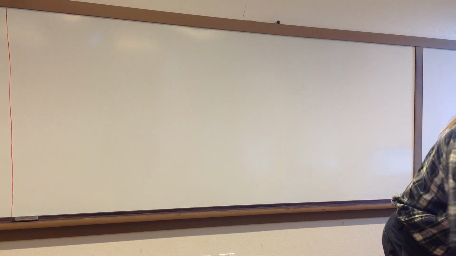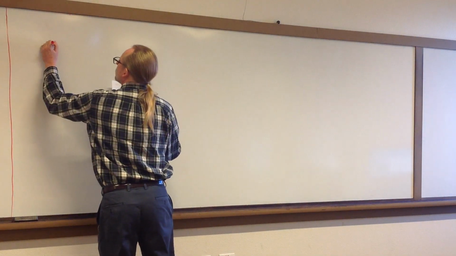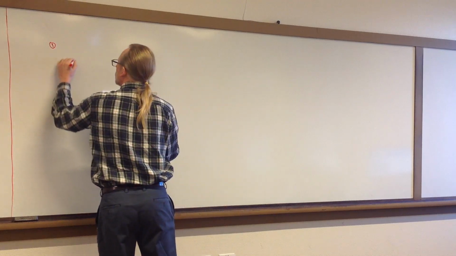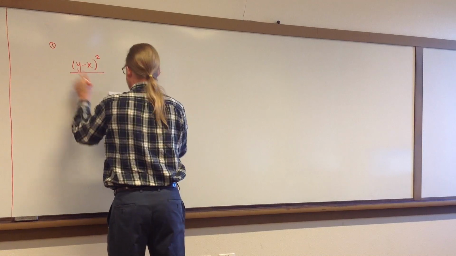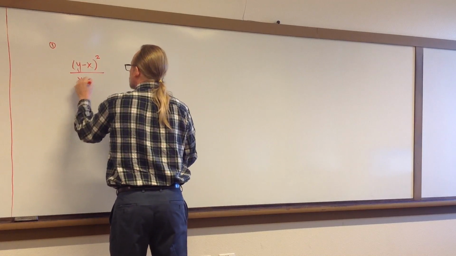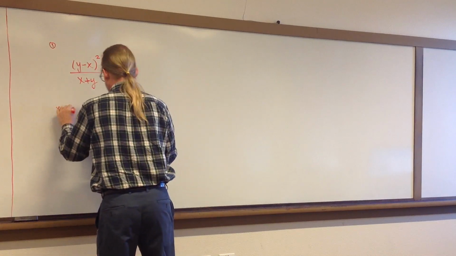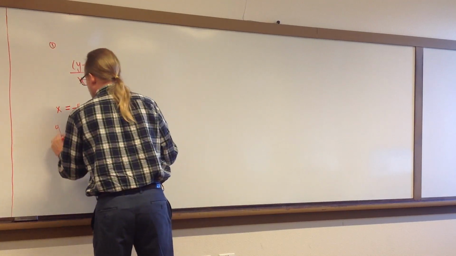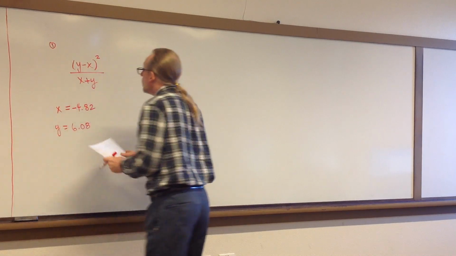Okay, so problem 1, we've got an expression involving x and y, which is (y minus x) squared over x plus y. And we've got values of x equal to negative 4.82 and y equal to 6.08.